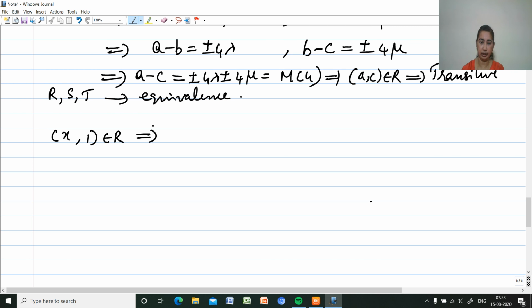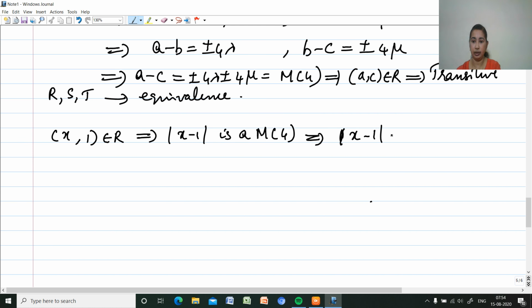That means according to the given definition, modulus of x minus 1 is a multiple of 4. That means modulus of x minus 1 can be either 0, 4, 8, 12, because it consists of only up to 12.